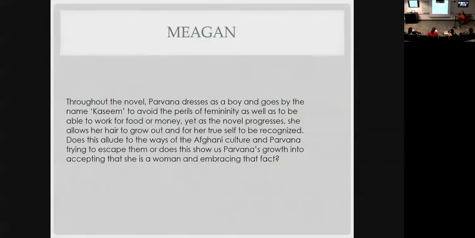And with Parvana, she's invisible when she becomes a boy, for the most part. She's highly visible when she's a girl, and invisible if she's wearing the burqa.